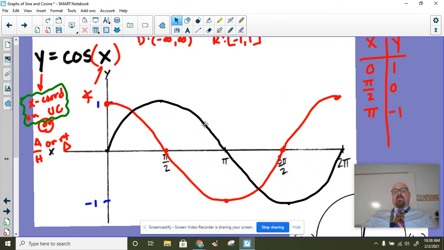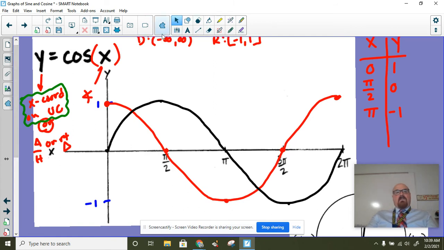When you recognize a wave on the graph, that wave can be expressed as cosine or sine. It depends on how easy or difficult you want to make that task, and we'll do some of that, okay? Just understand that a basic, non-transformed cosine wave starts at its maximum, right?